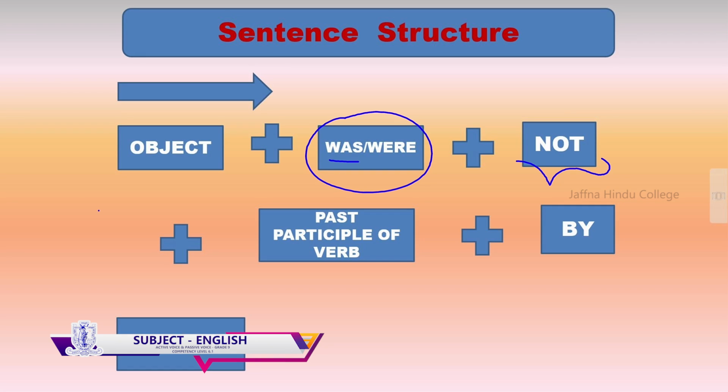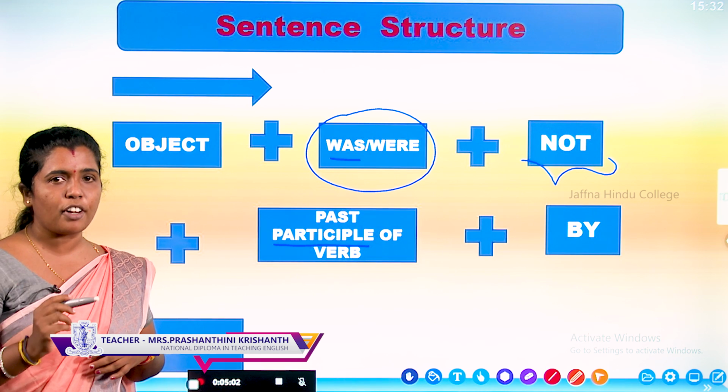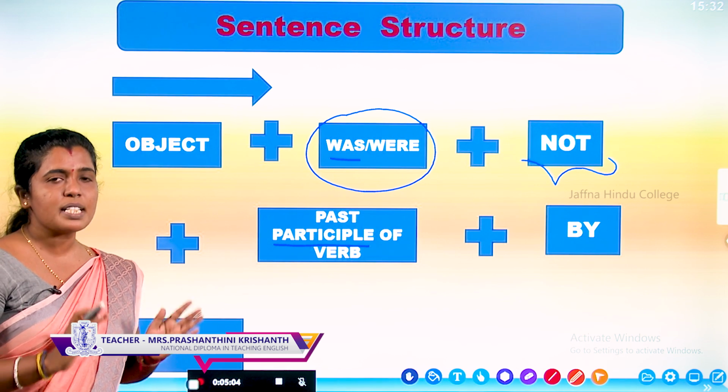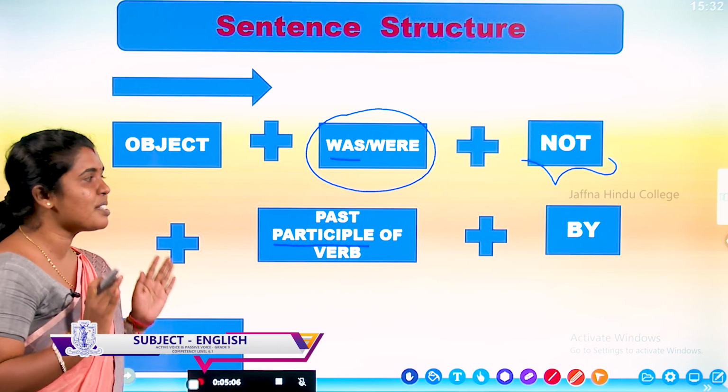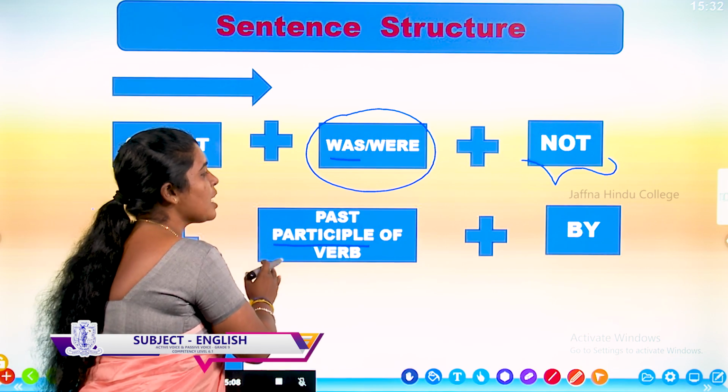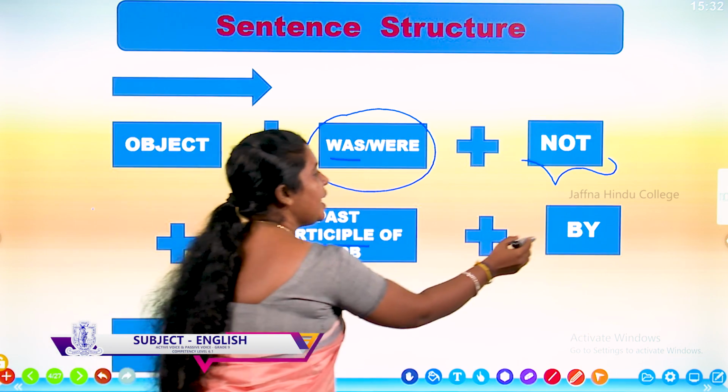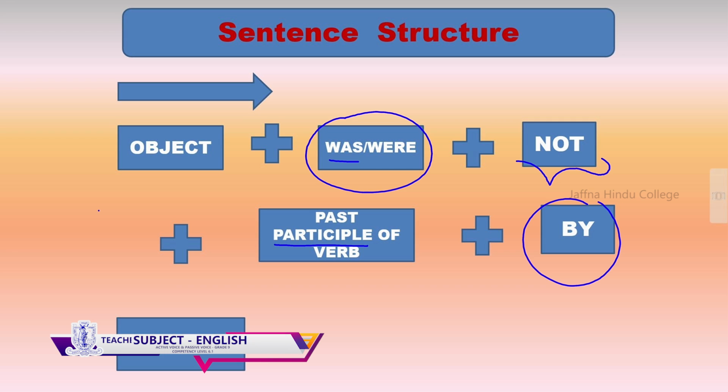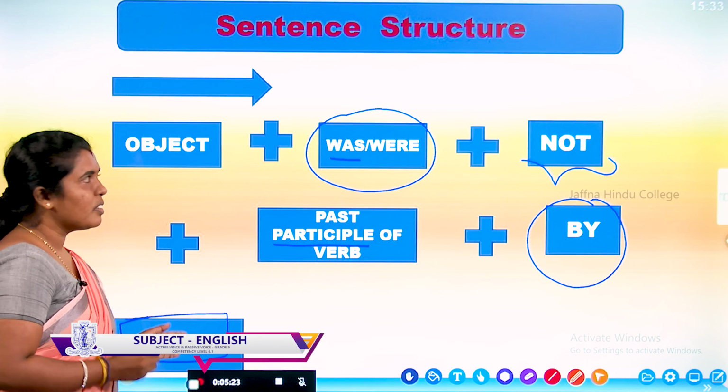Then the past participle of the verb. Don't forget, for the passive voice, the past participle of the verb is very important. Then you have to add by, right? Who did the action? By, then doer. This is the subject of the sentence, the doer.